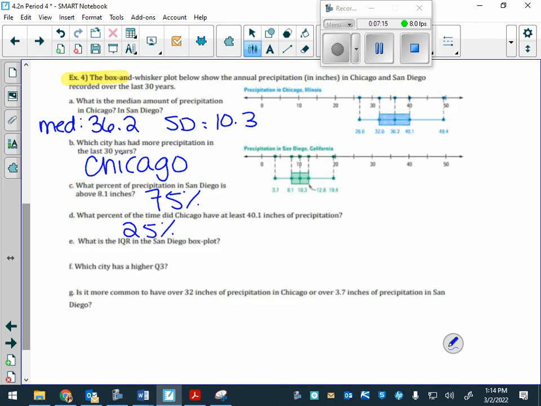Okay, what is the IQR in San Diego's box plot? Danielle? Okay, it's 12.8 minus 8.1.